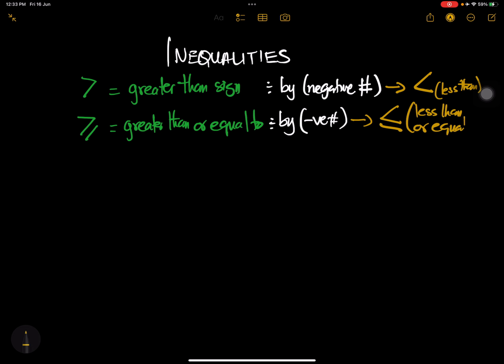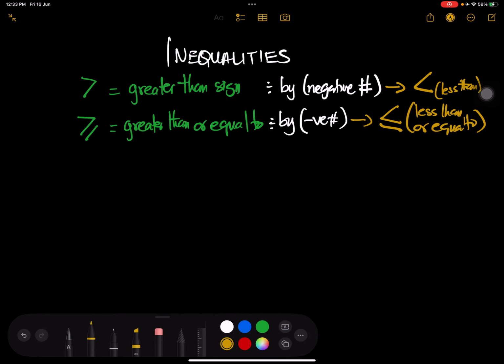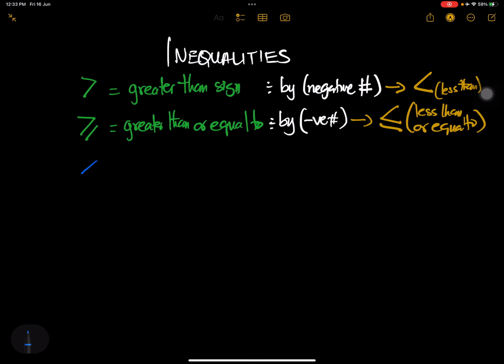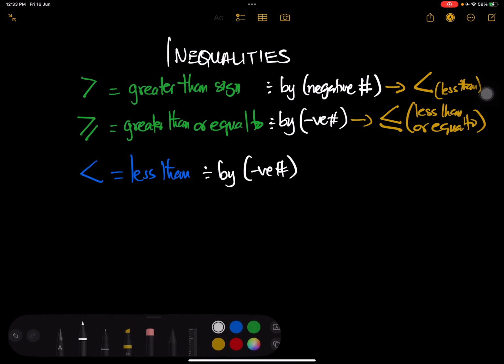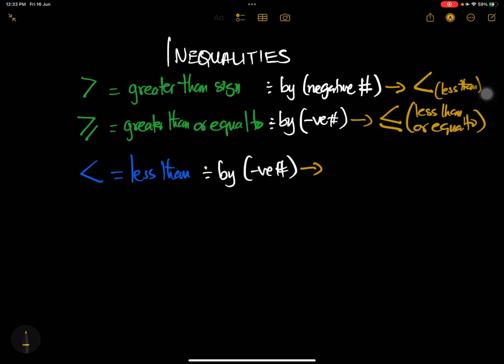If we have the less than sign and we divide by a negative number, it changes to the opposite sign, which becomes greater than.